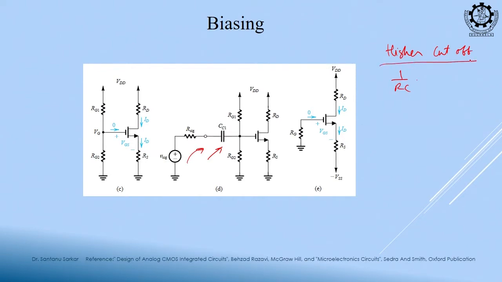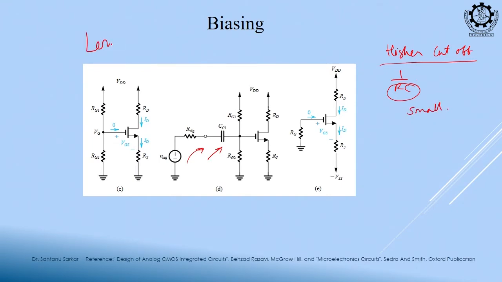So, if I want a high frequency cutoff, should this RC value be large or small? I want the inverse of this to be large. So, the RC value should be small.